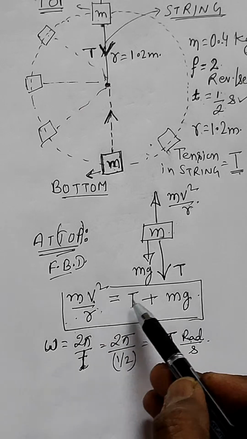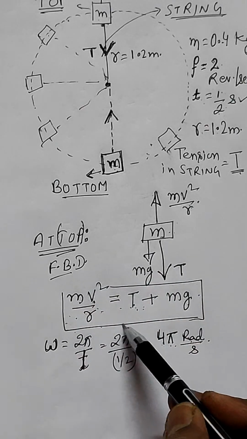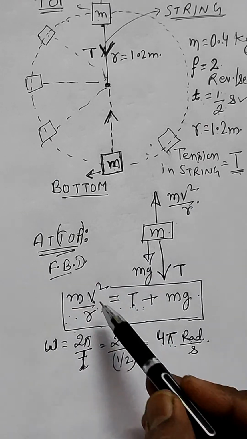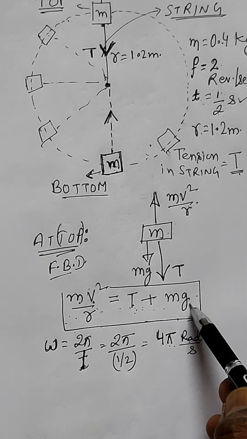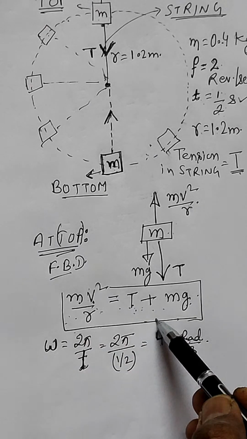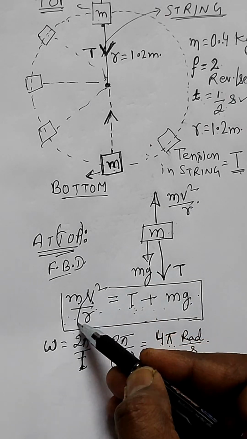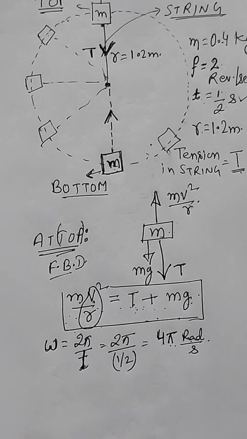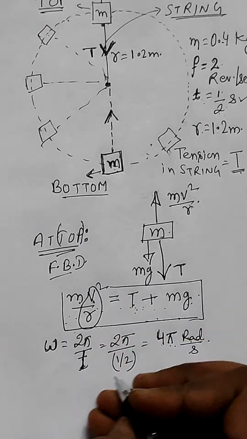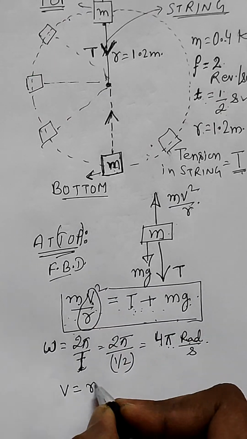at the top of this circle we have calculated, based upon this free body diagram, this equation: mv square by r equal to T plus mg, right? So when you replace this v square by r, v equal to r omega.